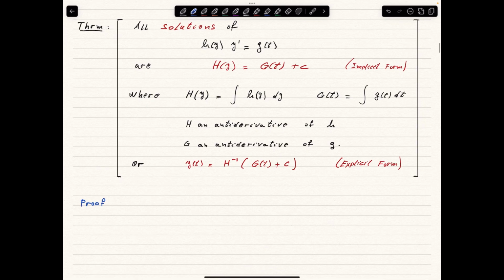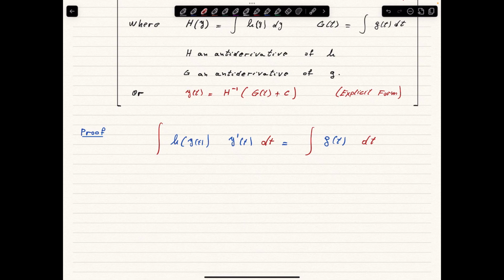What do we need to do to prove this theorem? Well, we have our differential equation, which is h of y of t multiplied by y prime of t, and here we have g of t. So when the equation is given in separable form, integrate on both sides here, not in any other form, only here.